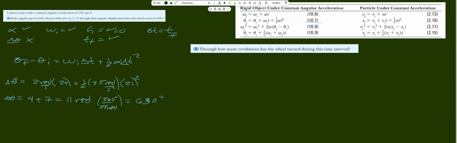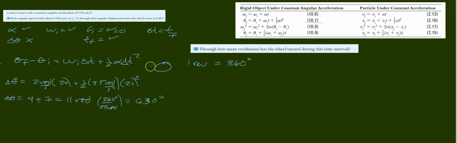So remember that one revolution is when the object, the rigid body, has rotated through 360 degrees. This is different from linear motion. Here we have cyclical motion, so at every 360 degrees you start again, right? So you need to know how many revolutions you had.